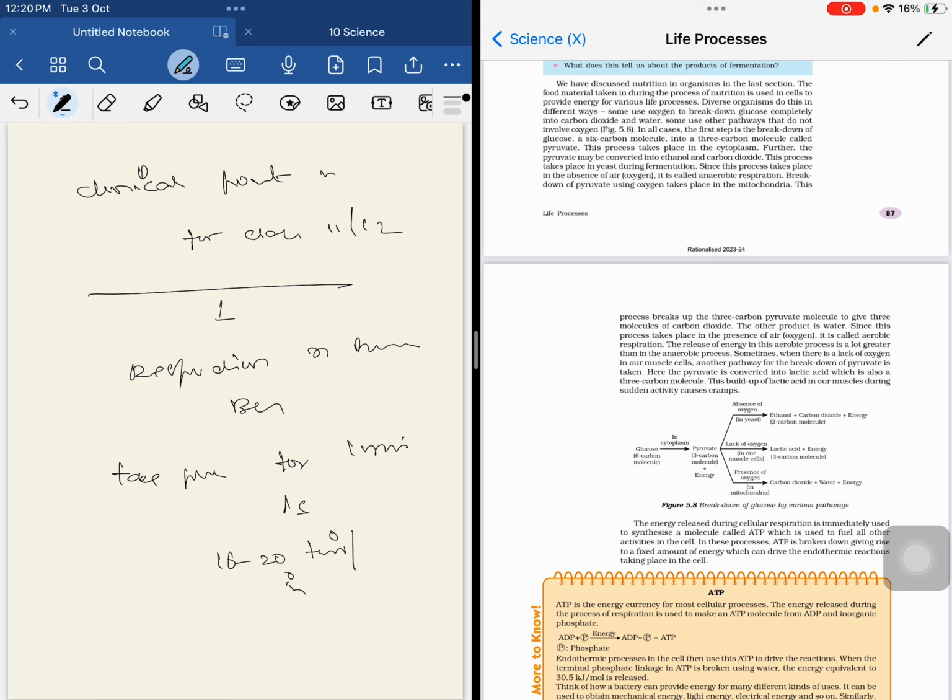Remember this point and write it in your notes. The energy is mainly released in the form of ATP, adenosine triphosphate, and this energy is utilized for various chemical reactions taking place in the various types of cells.